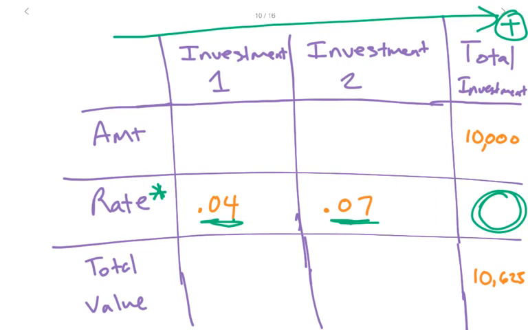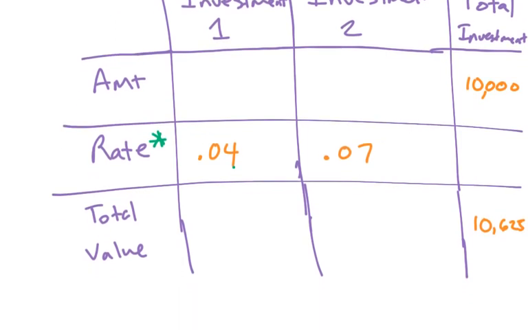So we want to make sure that we do not add across for rate. Now when you go down on this chart, you're going to multiply, and that should make some sense too, because if we have an amount, we multiply by some rate, this will get me how much I've made off of the interest, right?